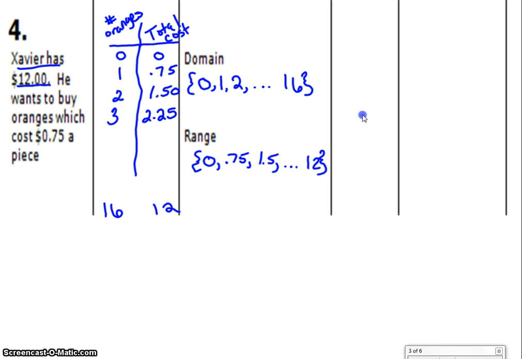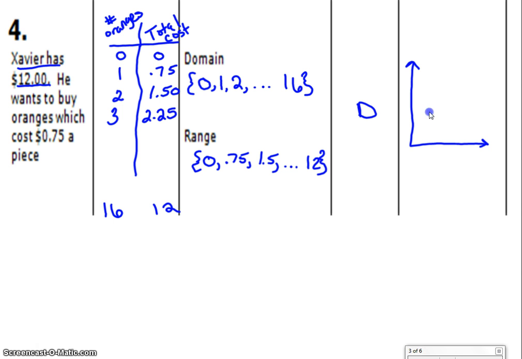This kind of function is a discrete function because I can count what I'm purchasing. Okay, so that's discrete. The graph representation, when I do this graph here, it's going to be just in the first quadrant because I can only have positive values for oranges and the total cost that I'm going to pay.